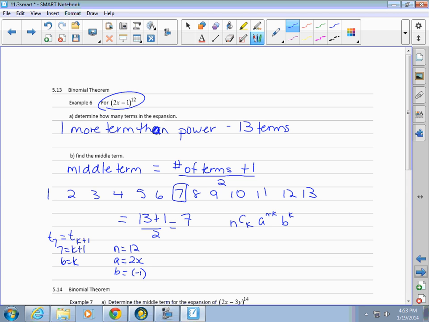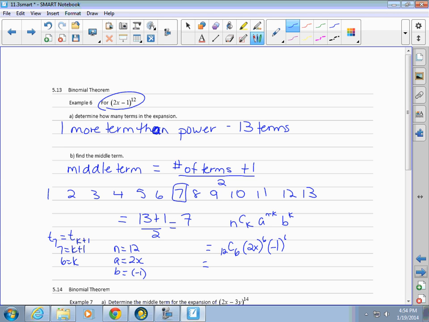So 6 is equal to k, n is equal to 12. So this is going to be 12C6 times my a value 2x to the power of n minus k, so 12 minus 6 is 6, times negative 1 to the power of k, which is 6.